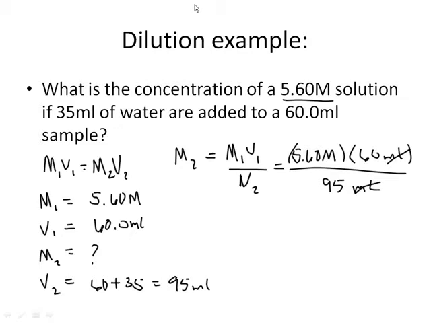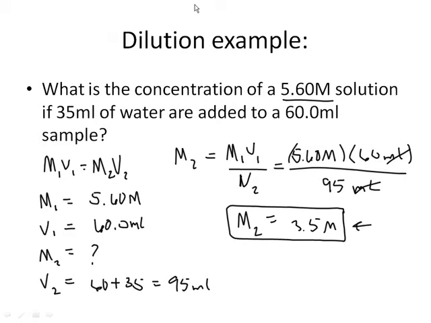We can't always use milliliters when we're dealing with molarity because it is per liter of solution. But in this case, because my volumes cancel, I can leave them in whatever unit I want. So now go ahead and put it into your calculator. 5.6 times 60 divided by 95 gives me 3.5, because I only need 2 sig figs. 3.5 molar. So notice the concentration went down from my original concentration, which makes sense because I added water.